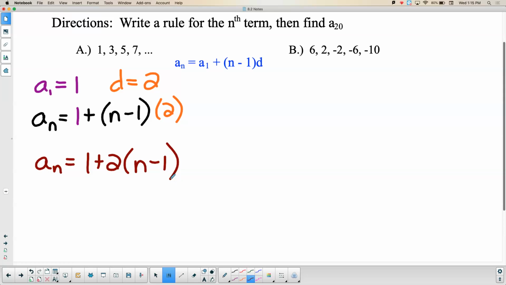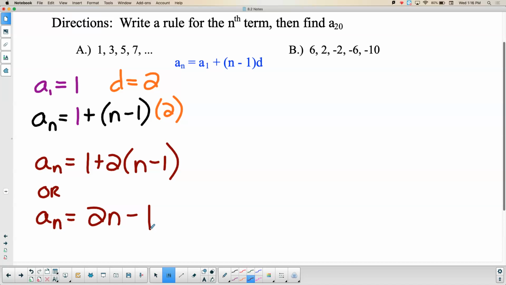That's the ugly version of the rule. Or I could write it as a sub n equals 2n minus 1. That's the pretty version of the same rule.